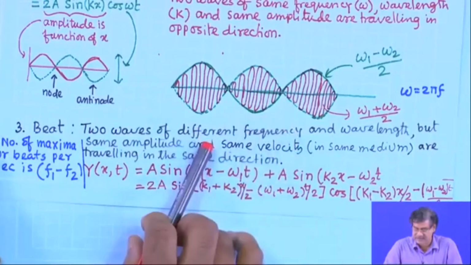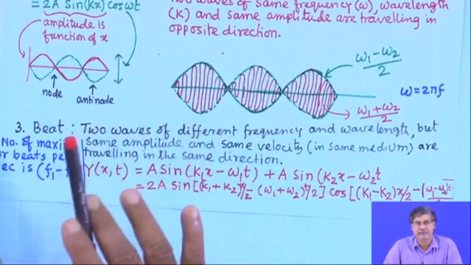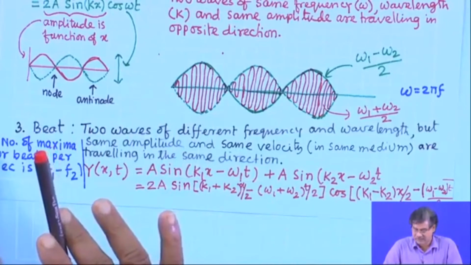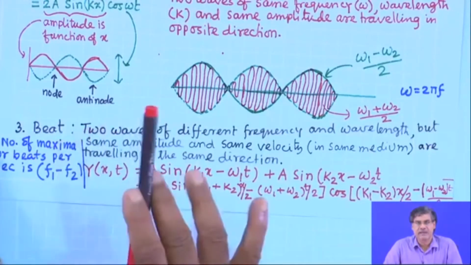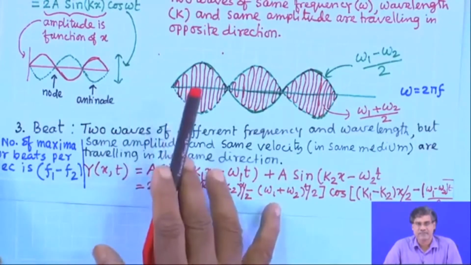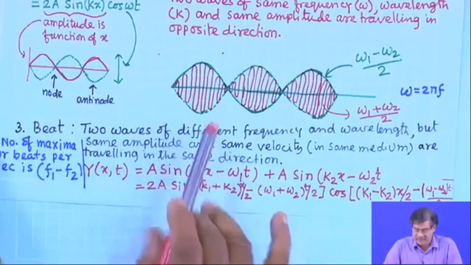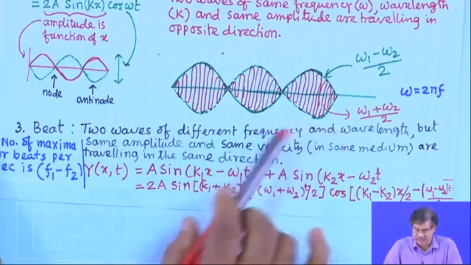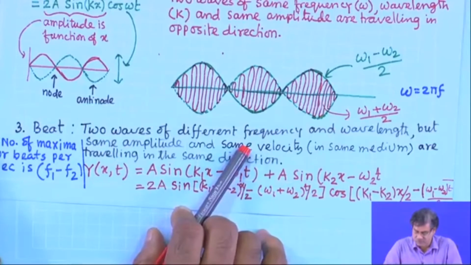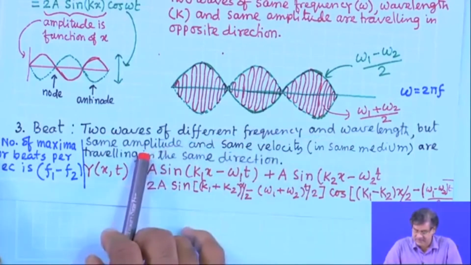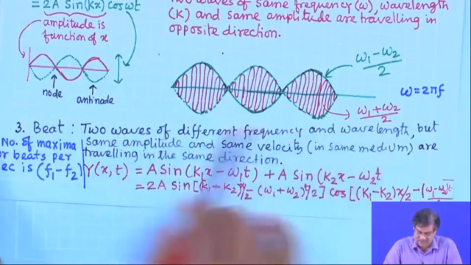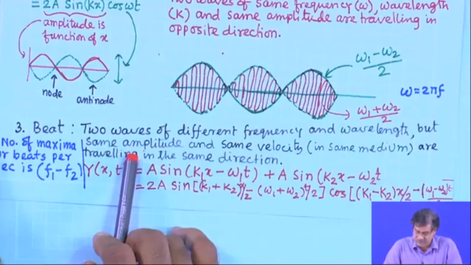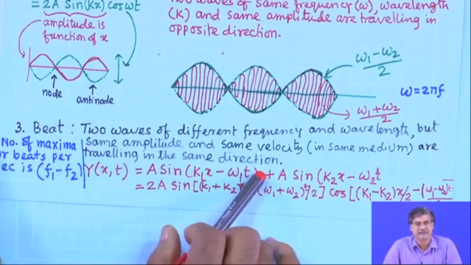In the other two cases, their frequency and wavelength were the same, but in this case frequency and wavelength are different for the two waves, and the other part is the same: their amplitudes are the same and they are traveling in the same direction.